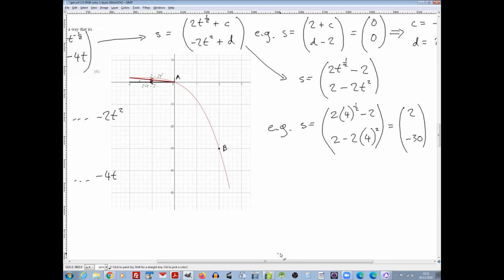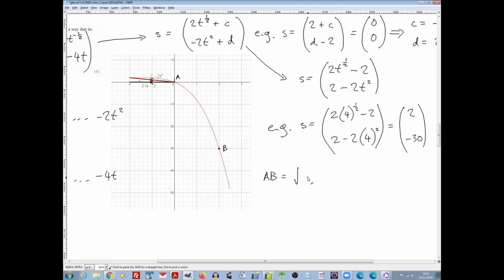So the distance AB? Compared to A, horizontally it's 2, and then vertically it's minus 30. And that would be root of something.